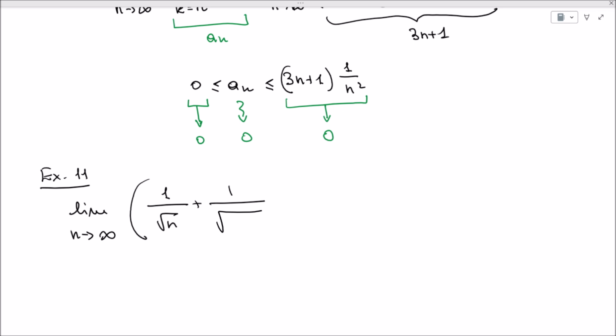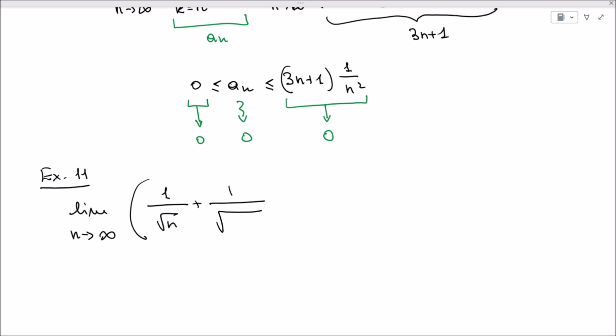So once again, in this case, an is exactly this. This is an, and we have once again 3n plus 1 terms for the same reason. Okay, and we want to see what this limit is.